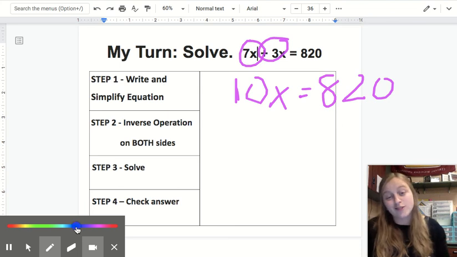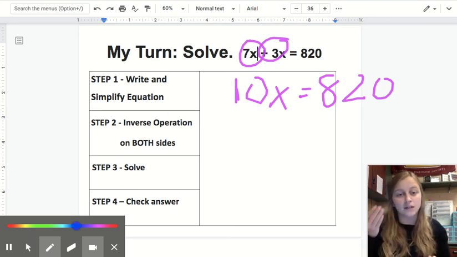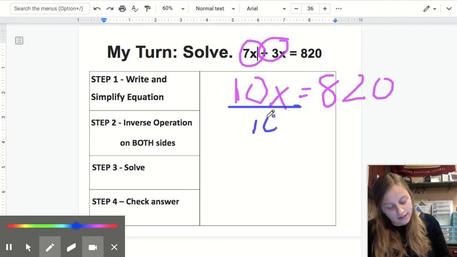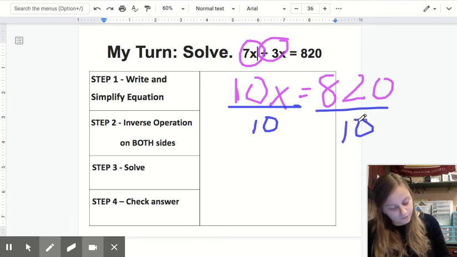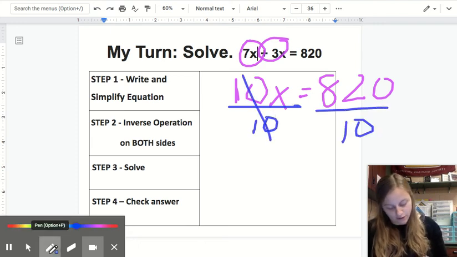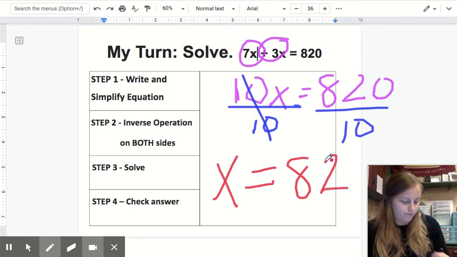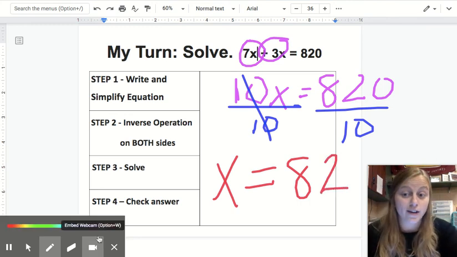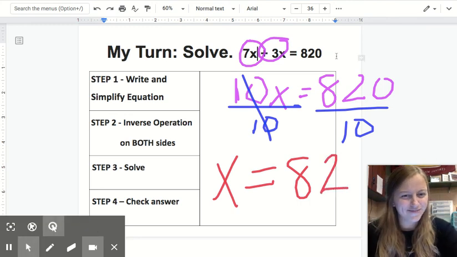Then I can solve by showing my inverse on both sides. The inverse of timesing by 10 is dividing by 10. My two 10s cancel each other out, and I'm left with x equal to 82. Check your answer, make sure you did it correctly.